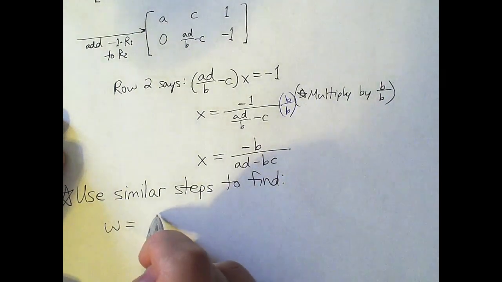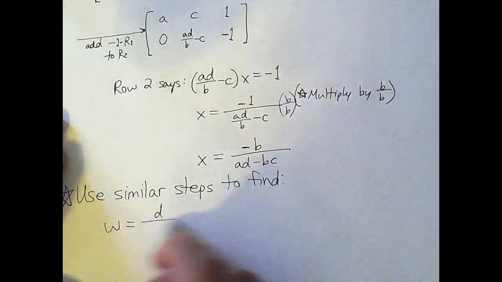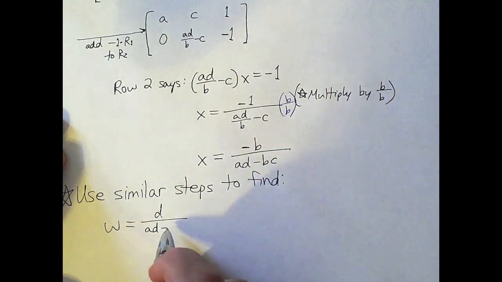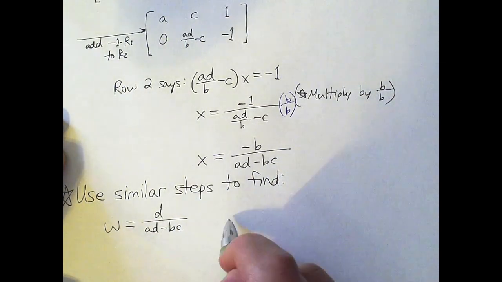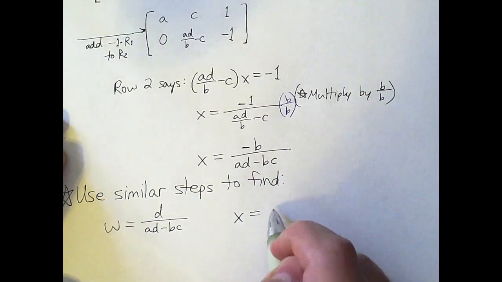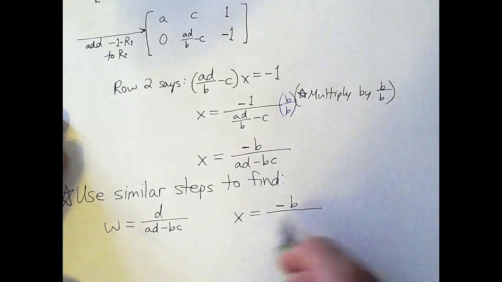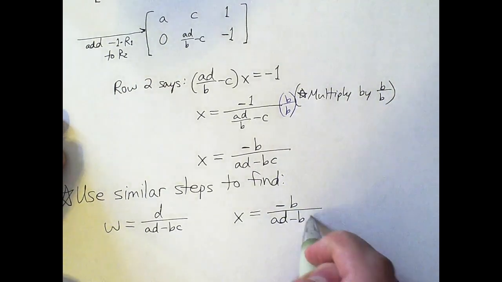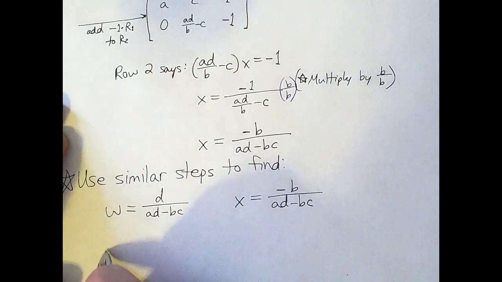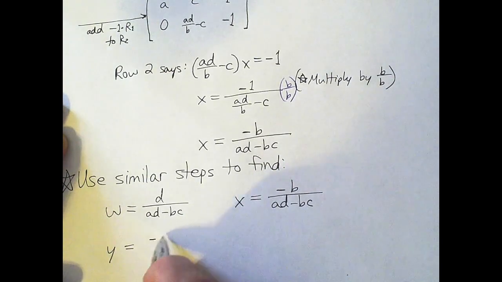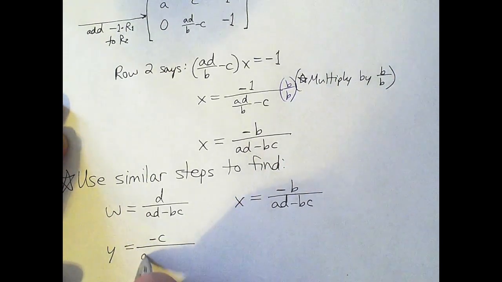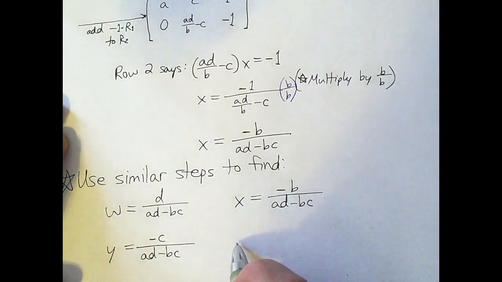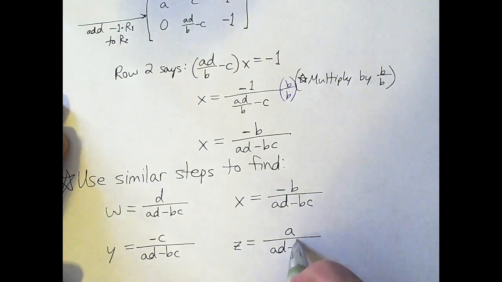It turns out that W equals D over AD minus BC. X is the one we found, negative B over AD minus BC. Y is going to equal negative C over AD minus BC. Hey, it looks like they all have the same denominator. Z is A over AD minus BC.